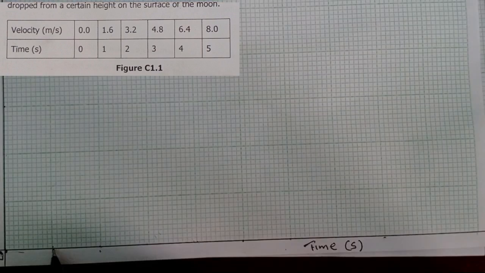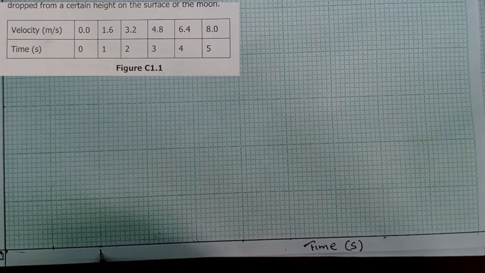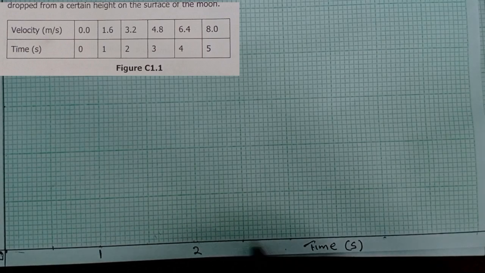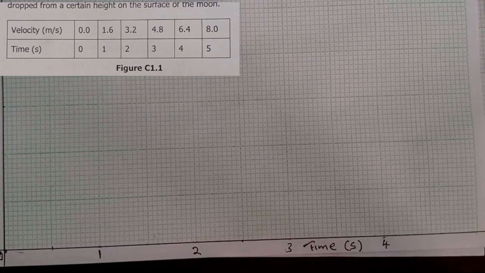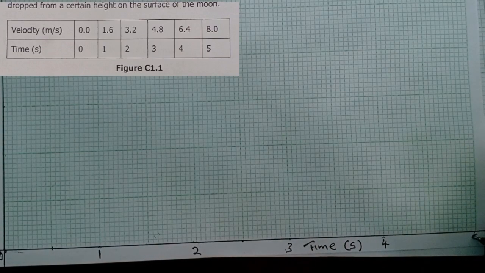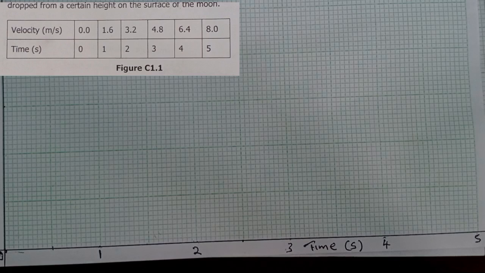So 2 centimeters, 4 centimeters to 1 unit. That is where our 1 is, then 2, 3, 4, and we have 5. That is our 5.